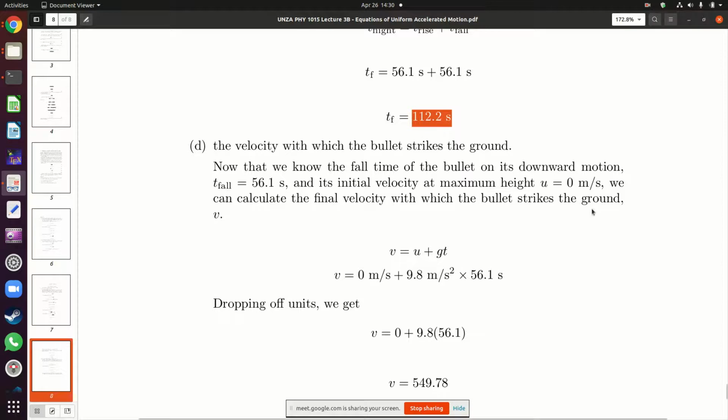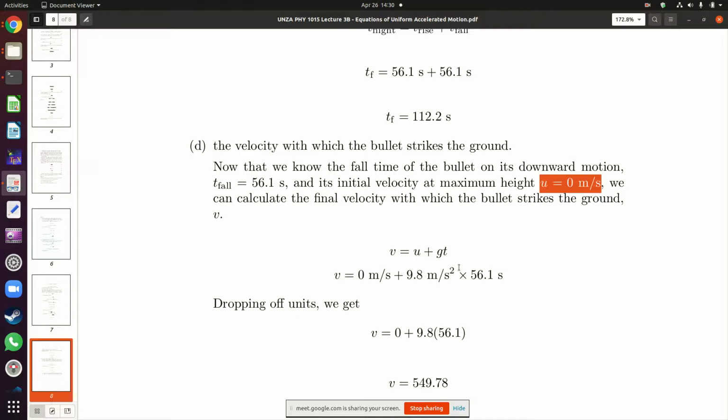So here, this was the velocity of the bullet at maximum height, 0 meters per second. Then we have just found out that when the bullet falls from maximum height to the ground, it's going to take 56.1 seconds. So the fall time is 56.1 seconds. The initial velocity is known to be 0 meters per second.